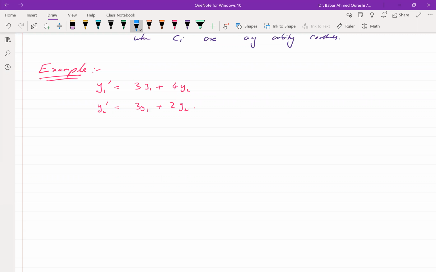So you have y1 dash, y2 dash is equal to 3, 4, 3, 2 times y1, y2.